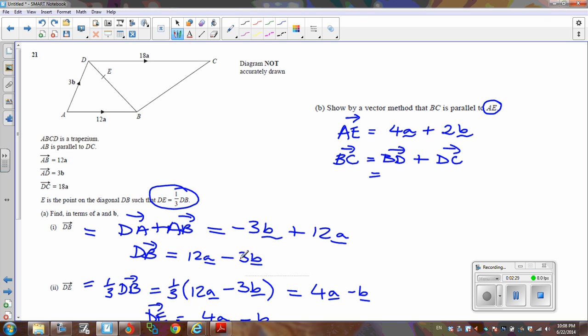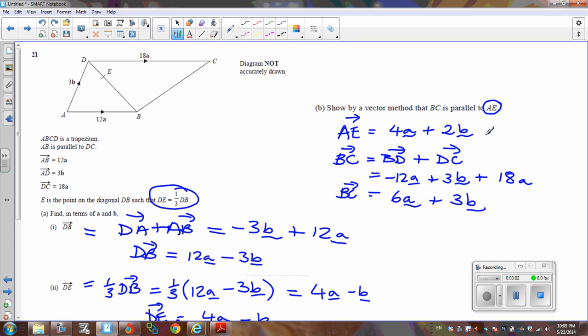Now DB was 12a minus 3b, so BD will be the reverse of that, which is minus 12a plus 3b. Now we're going to add the vector DC. They give us the vector DC, that's just 18a. So BC, just simplifying that, minus 12a plus 18a, is going to be 6a plus 3b. Now we need to prove that these two vectors are parallel.